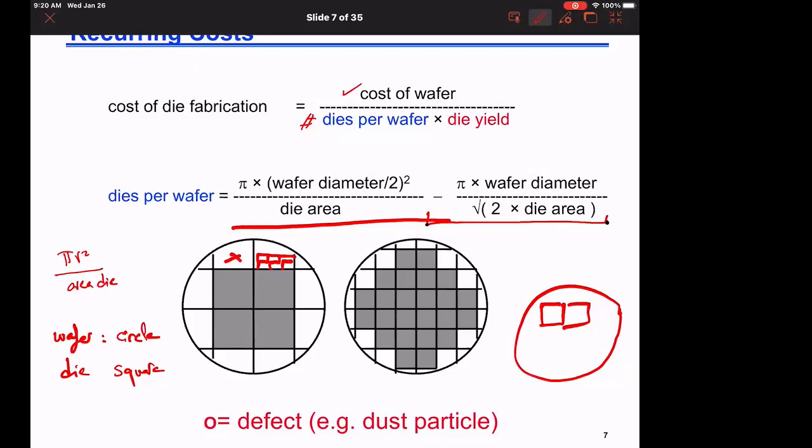Let us now look at the implications of the die area on the yield, or how the yield is related to the die area. When you work in a fab, they call it a clean fab because to us the transistor is a nanometer design.